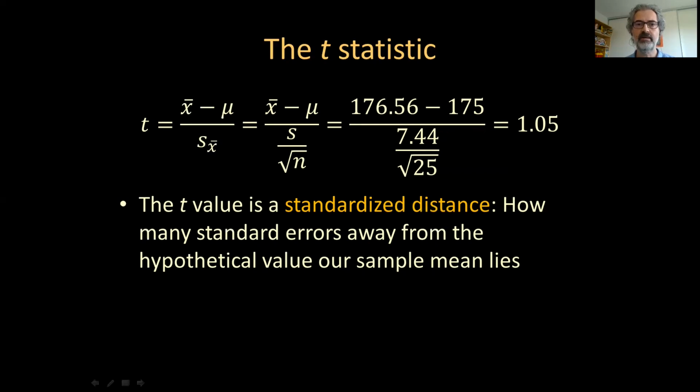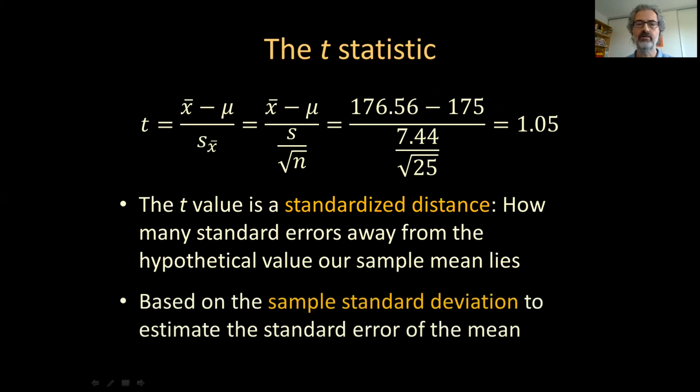So the t-value here says that our sample mean is 1.05 standard errors away from the hypothesized reference value of 175. And our standard errors are calculated based on the standard deviation of our sample, so there is an uncertainty there as well. Now, what can we do with this t-value?